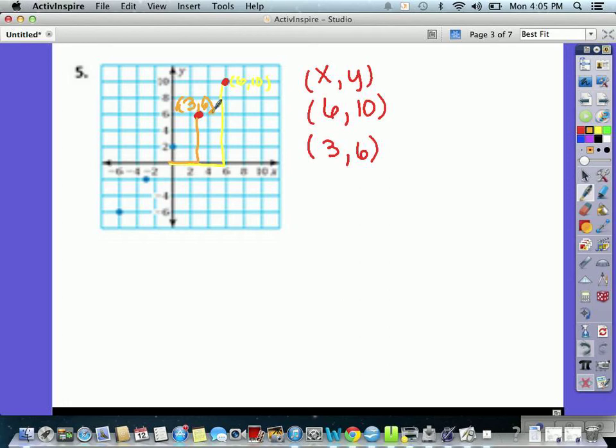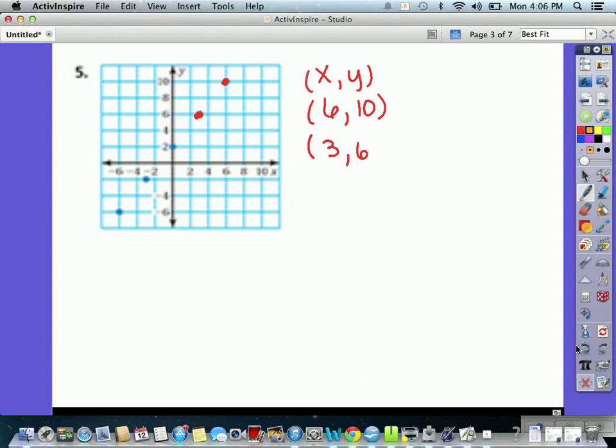It is very, very important that you put your ordered pairs in the right order. I'm going to erase this. If you need help with plotting points, I would advise you to rewind it and pause it.